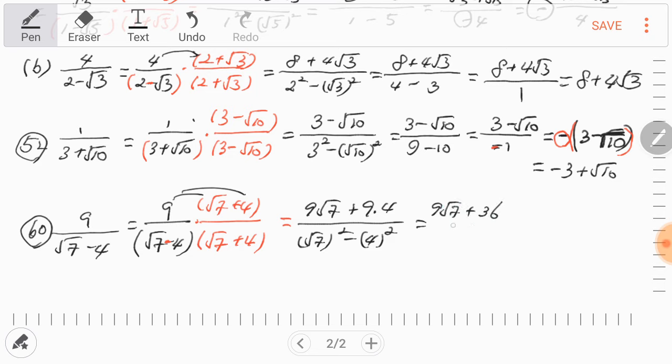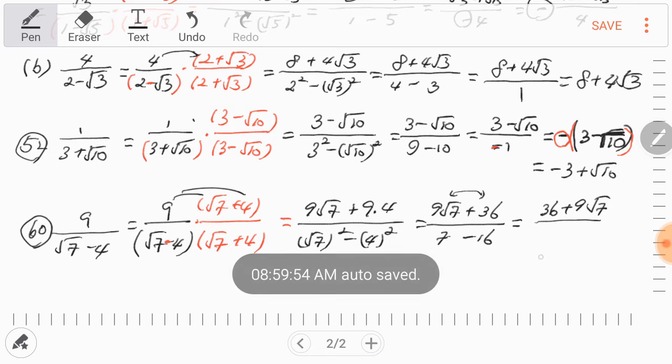So 9 square root of 7 plus 36, and then 7 minus 16. Okay, 7 minus 16 is negative 9. Okay, for the numerator, why don't we switch these two? Because we usually write the number first. So 36 plus 9 square root of 7.